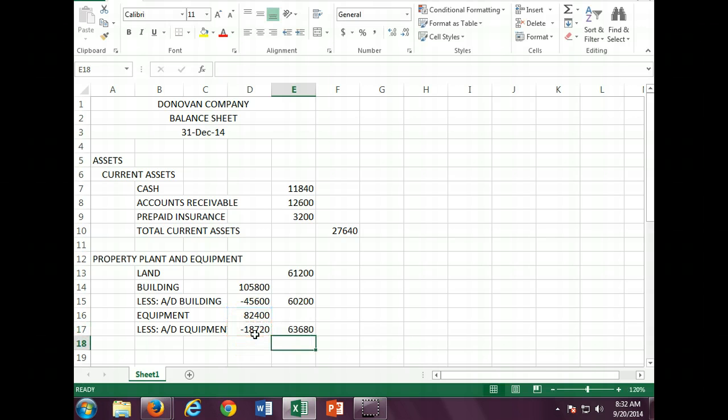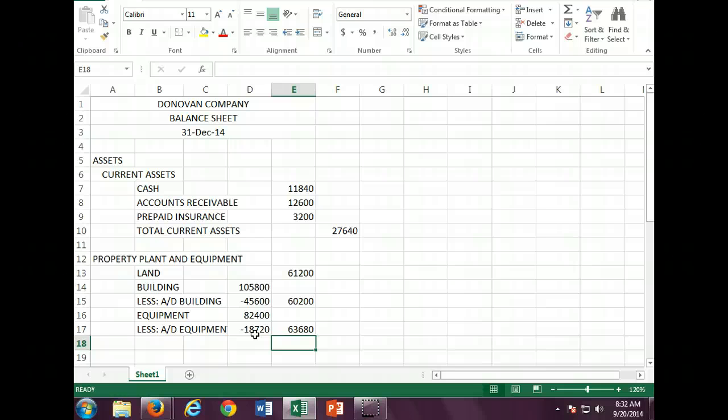Remember, with assets that get depreciated, we want to know the original cost, and we want to know how much depreciation has been taken on that account in total since we own that asset.